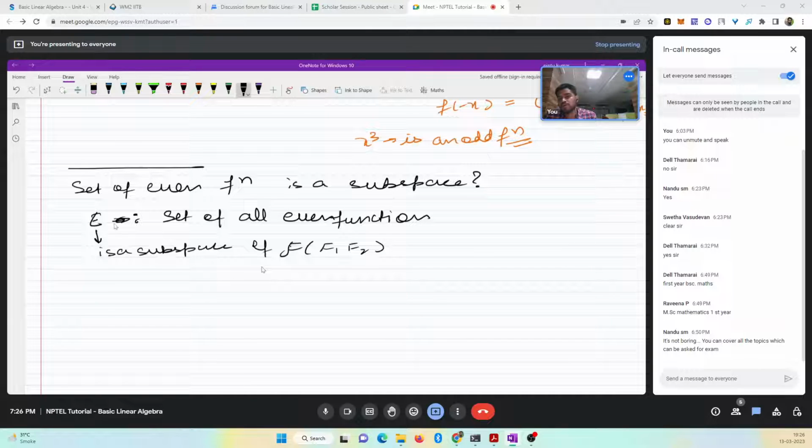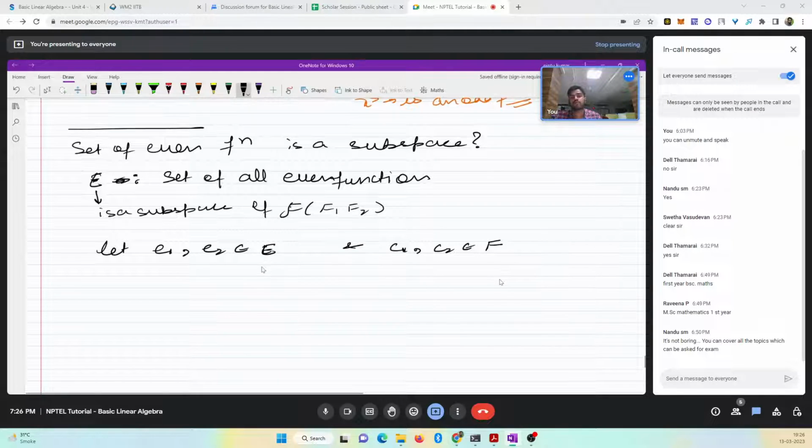The first step is to take two elements from it, E1 and E2 belonging to E, and take two scalars belonging to the field.